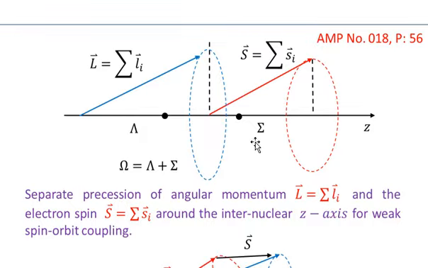When they combine, I use capital omega, and in the previous diagram I used small omega. So for a many-electron system, the projection of capital L on the z-axis is capital lambda, and the projection of capital S on the z-axis is capital sigma. If you add them together, as I added small lambda and small sigma previously, you obtain capital omega equal to capital lambda plus capital sigma. So this is written for a molecule having many electrons.